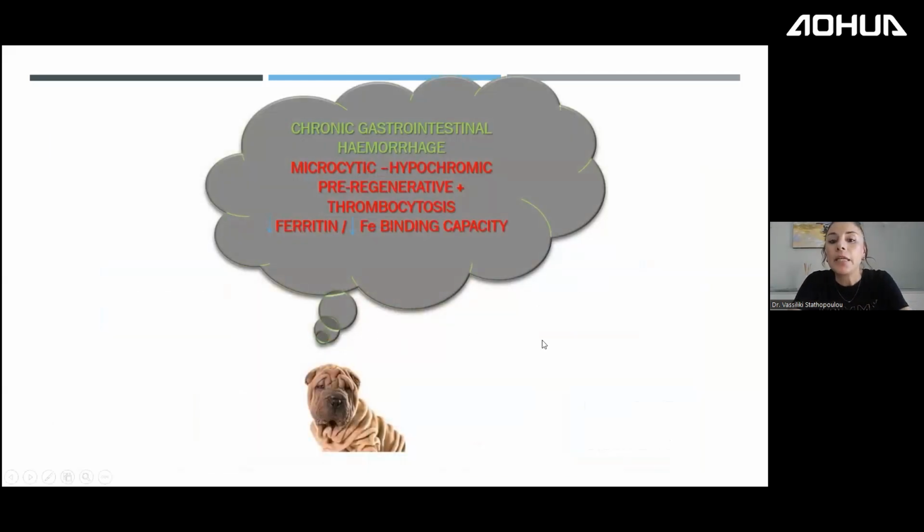The chronic gastrointestinal hemorrhage, and I highlight chronic gastrointestinal, not the acute one, will have microcytic hypochromic anemia most of the time, thrombocytosis, and low ferritin and low iron binding capacity.